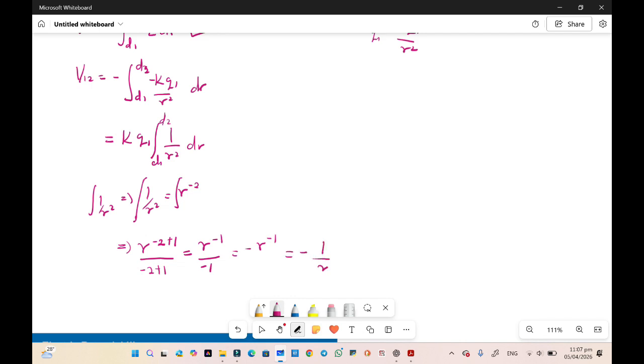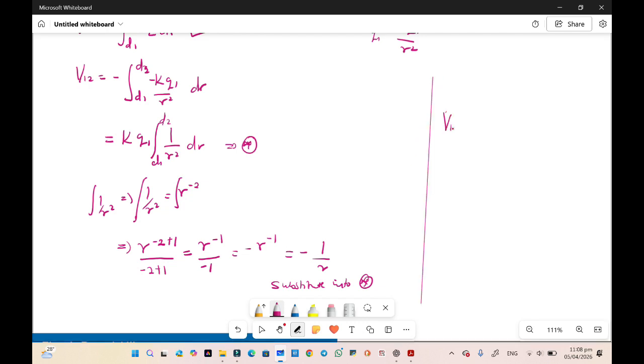So we are going to put that into the integral here. This equation, let's call that equation star. Substituting it into equation star, we are going to get V12 as KQ1 times minus 1 over R from D1 to D2.